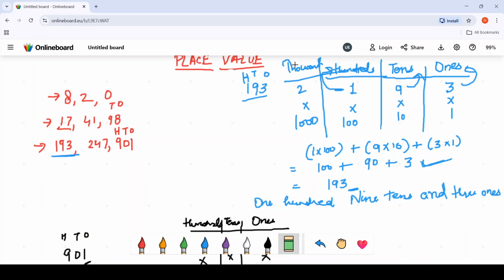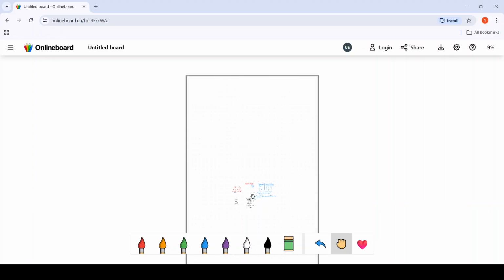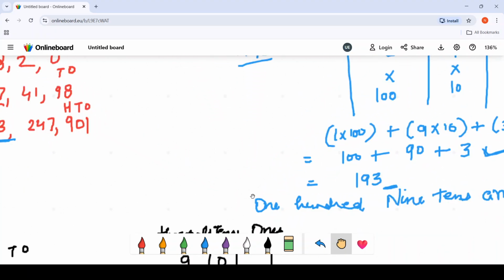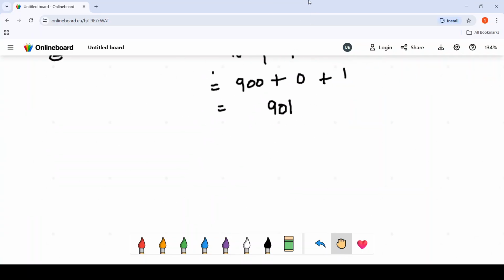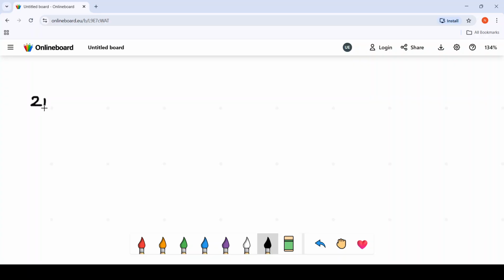So we'll keep the number the same. All right, okay, so the number we have is 2193. So let's write our number here, 2193. Ones, tens, hundreds and thousands.